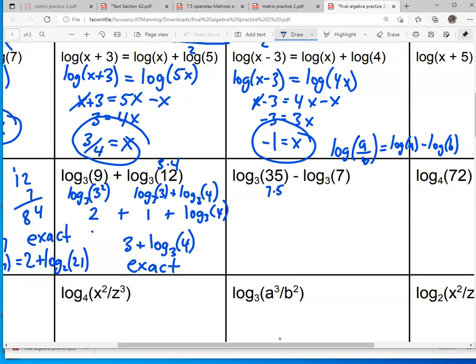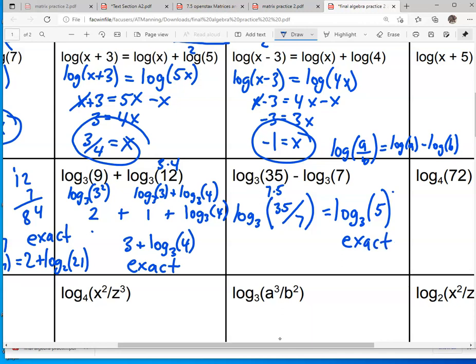Rather than try to find a power of 3 in there, I know that this is the same as log base 3 of 35 divided by 7. And I see that that is simplified down to log base 3 of 5. And I can't get any simpler. 5 is not some power of 3, so there is my exact answer.